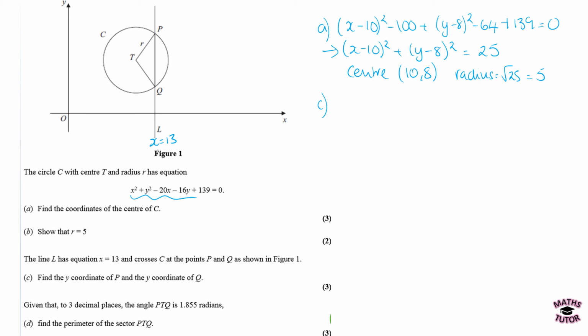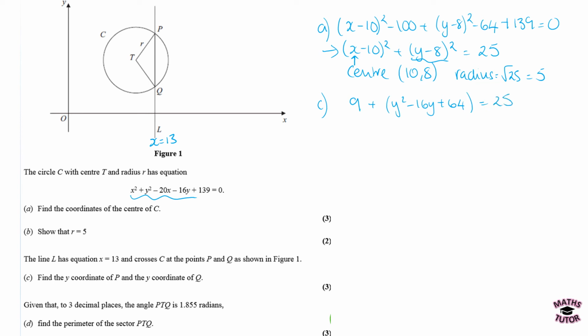I think I'll go for this radius and centre equation. So if x here is 13, 13 minus 10, which will be 3, and 3 squared is 9, plus, and squaring this out, you're going to have y squared minus 16y plus 64 is equal to 25.